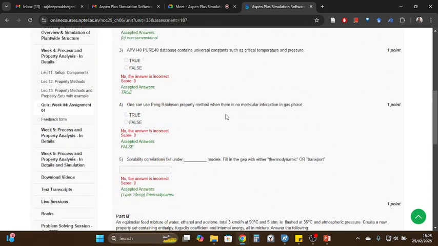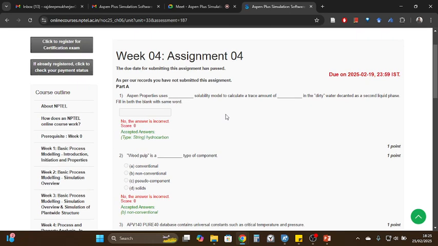Yes, the very first question. I wrote hydrocarbons. You have to be specific; look at the word that they're using over here. They're using the singular, right? The second one is a trace amount of hydrocarbons.